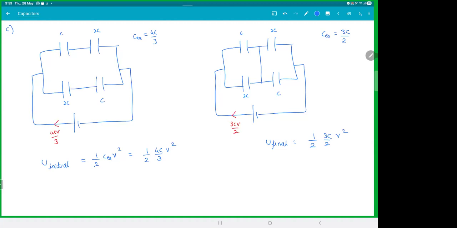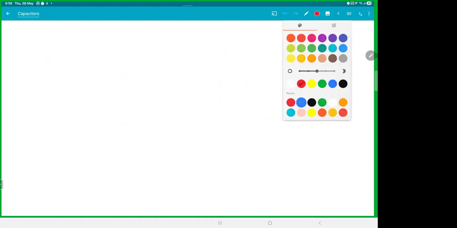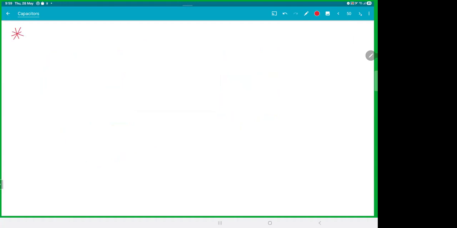Great. What is work done by the battery? Now this is important. So work done by the battery is the charge flown through the battery into voltage of the battery.